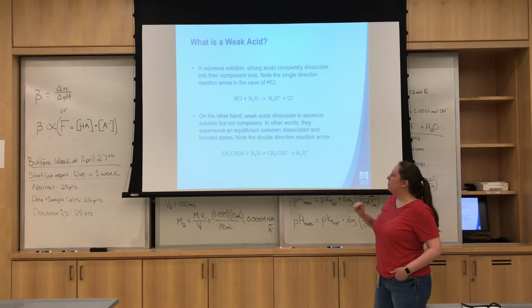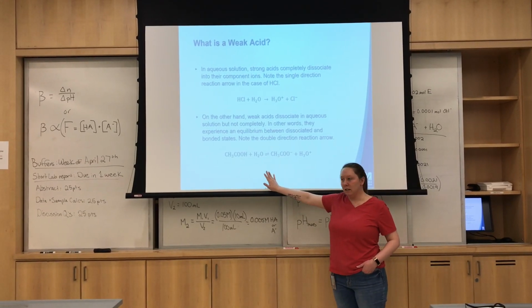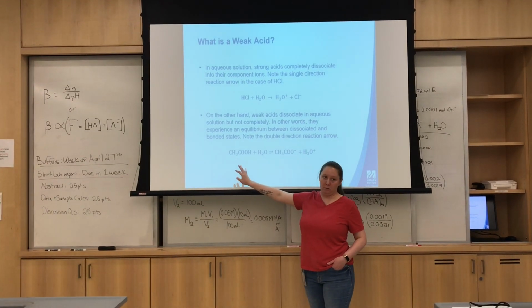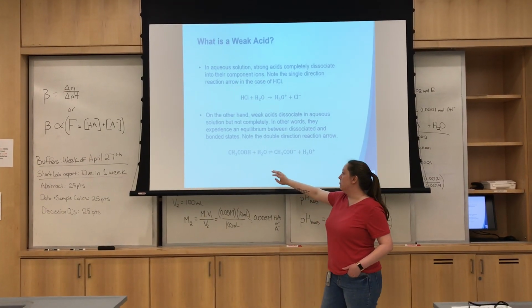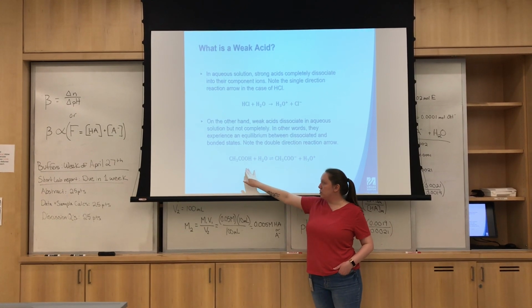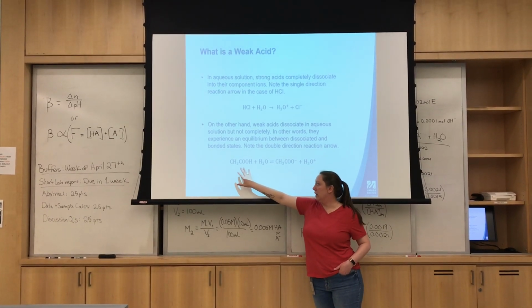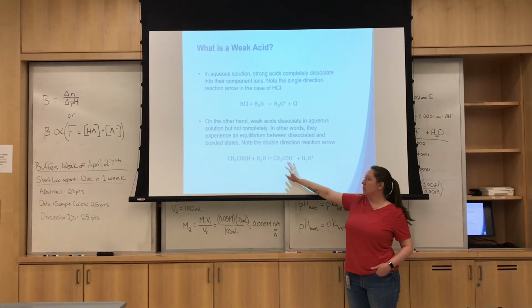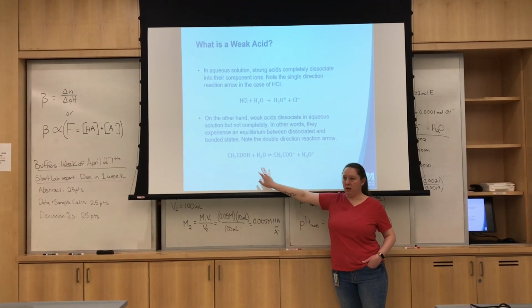In the case of a weak acid, the weak acid does not dissociate 100%. It is going to reach an equilibrium between the acid and its conjugate base when it reacts with water.